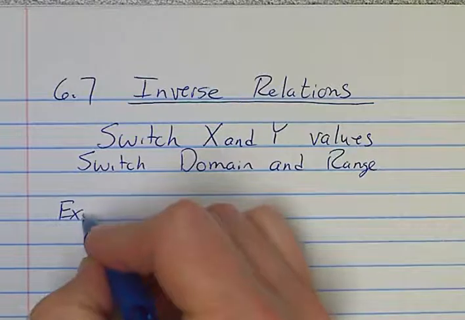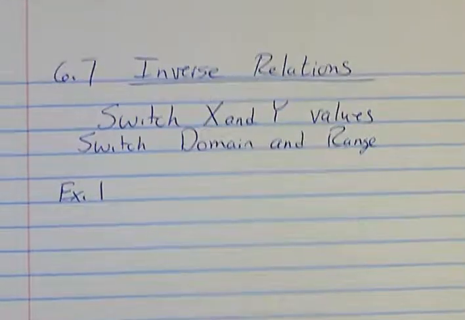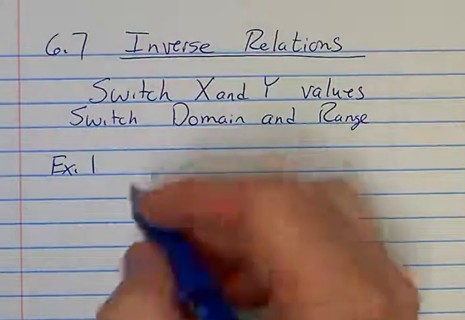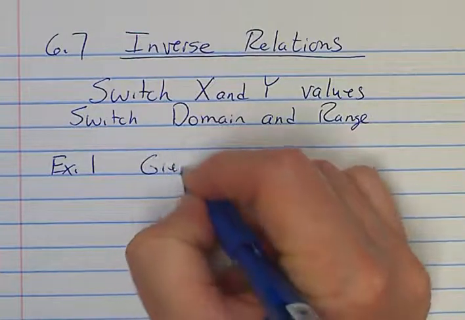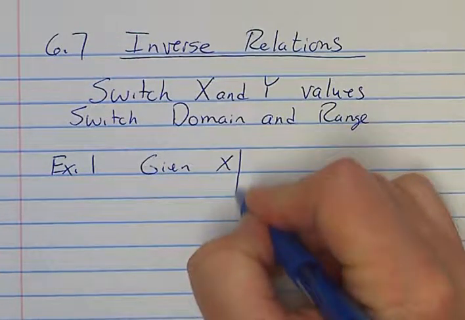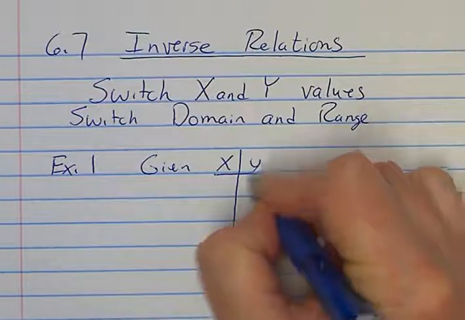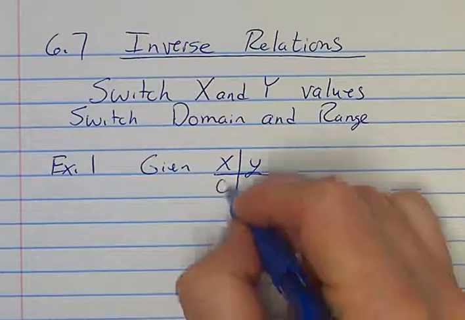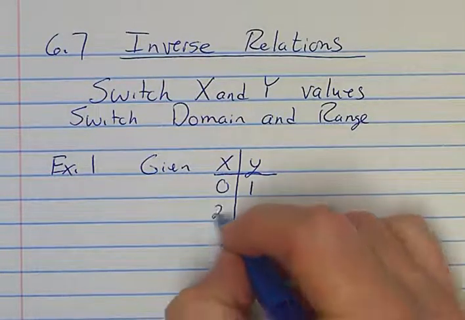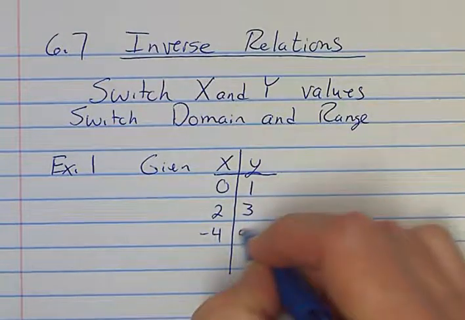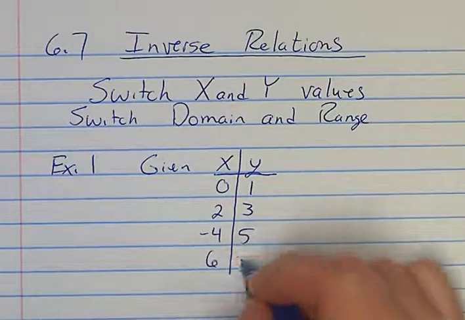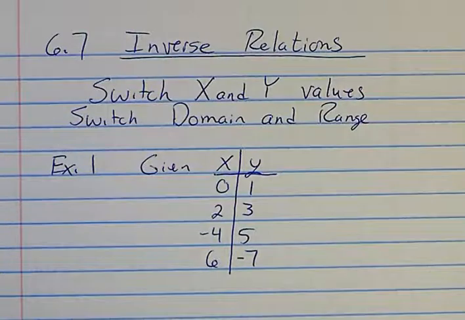So the very first thing they're going to have you do when we go through these problems is you're going to get a list where you're given values of x and y. And they're going to ask you to find the inverse.